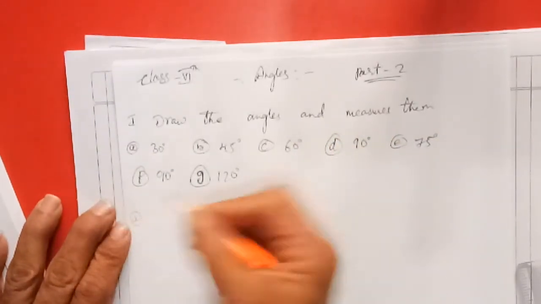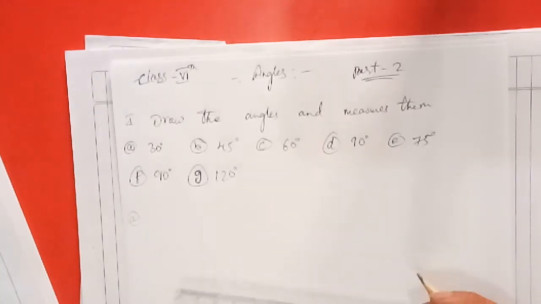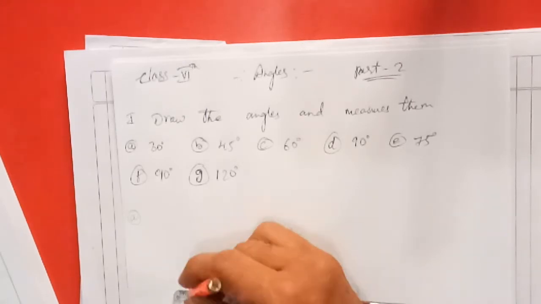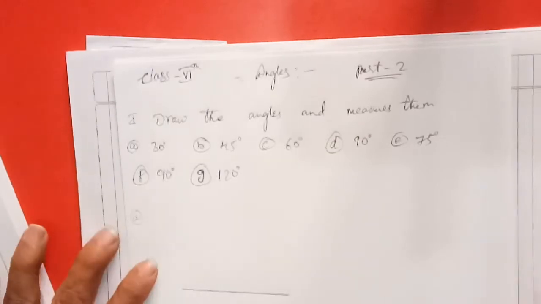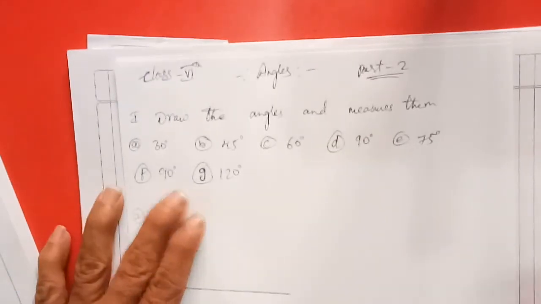First one, A. First we have to draw a baseline, 5 or 6 centimeter, no problem. Here you see this 5 or 6 centimeter line drawn. We have to draw that properly.